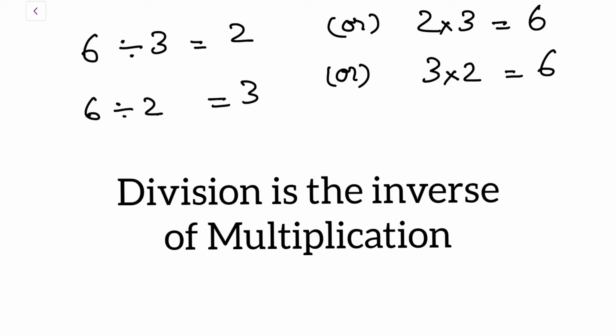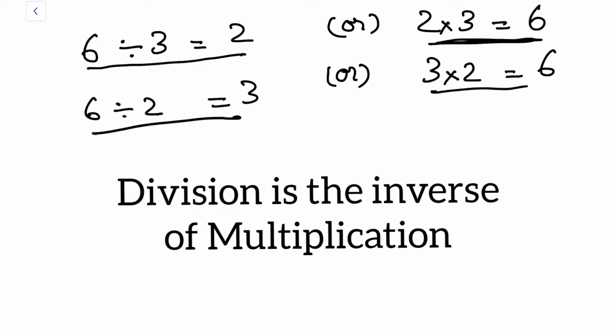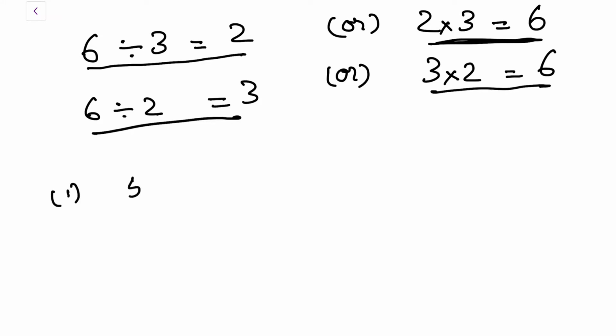That's one thing. That means 6 divided by 3 is 2, so 2 into 3 is 6. 6 divided by 2 is 3, that means 3 into 2 is 6. So division is nothing but the inverse of multiplication. Now, if I tell you 5 into 2 is 10, how can you write this as division?